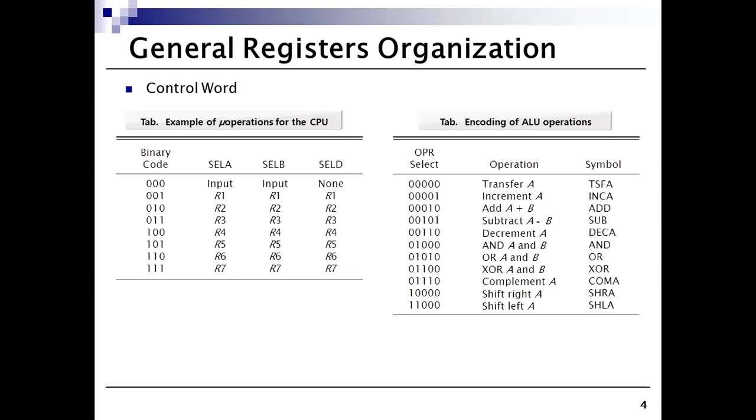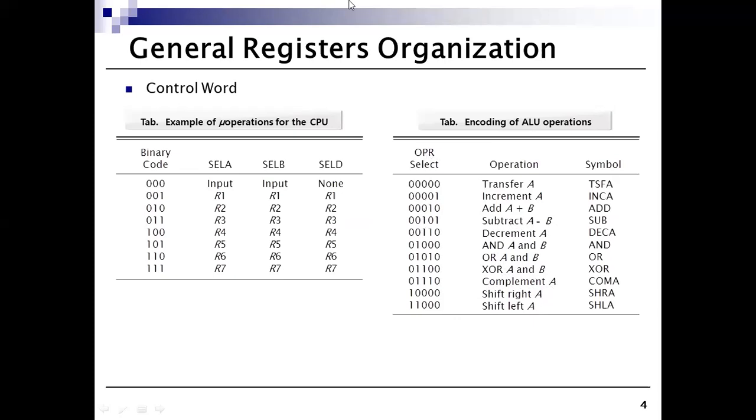The value present in the A bus we are transferring, and here we are incrementing the value present in the A bus. 00010 means add A and B, then subtract A and B, decrement A, perform logical AND operation between A and B, logical OR, logical XOR, complement A, shift right A, shift left A. These are a few operations for the ALU, the OPR bits performed in your ALU.